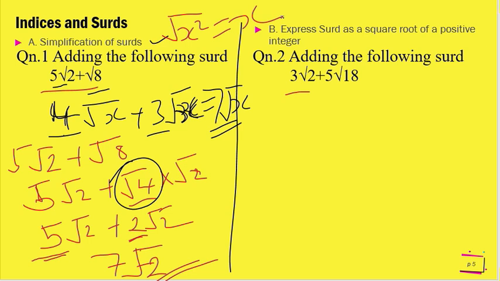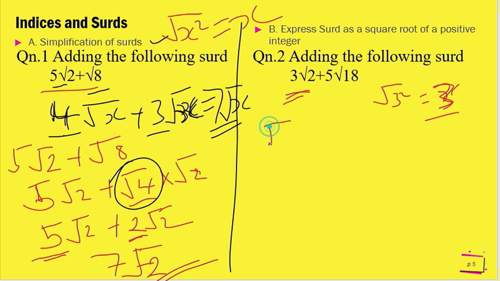Therefore, if root x squared is equal to x, then in our first term here we can say that root 3 squared is equal to 3. So we can substitute 3 with root 3 squared.